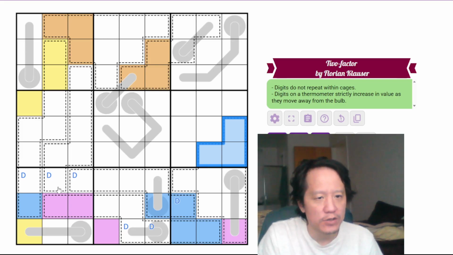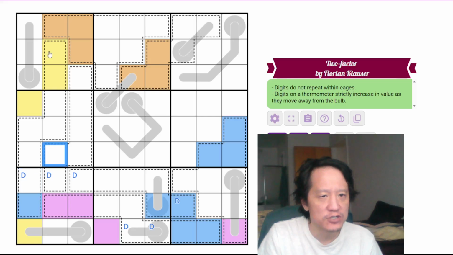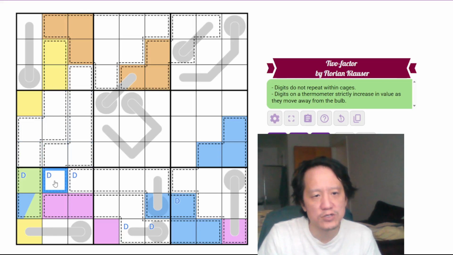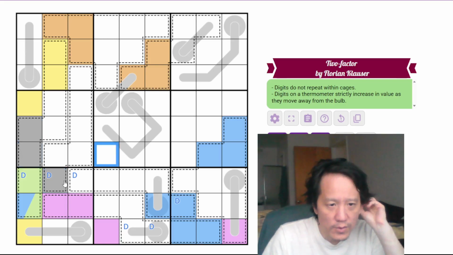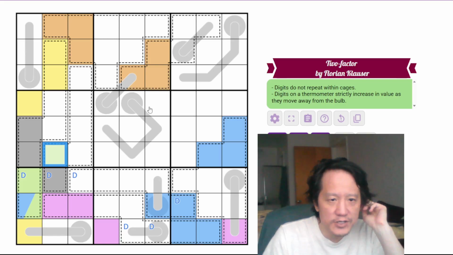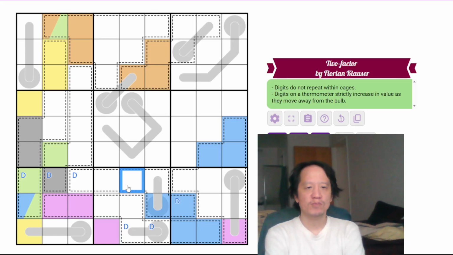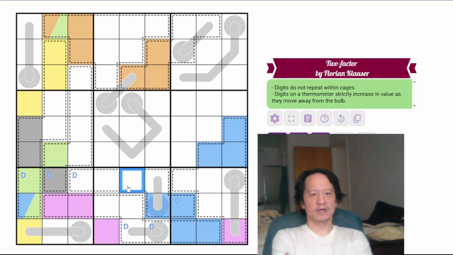So similarly, these two must match this and that. This cannot be any of these, cannot match the yellow, so this must match one of these two. So the greens have to match specifically here and here. That's interesting.